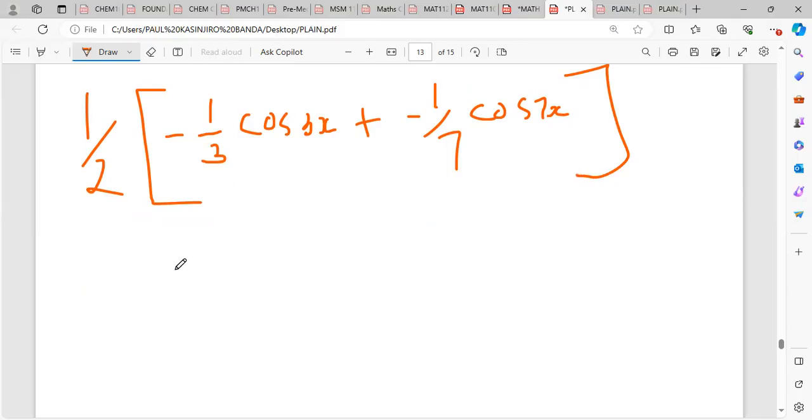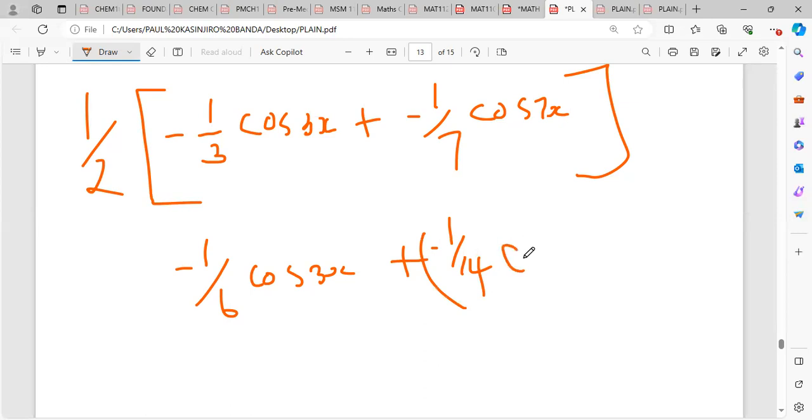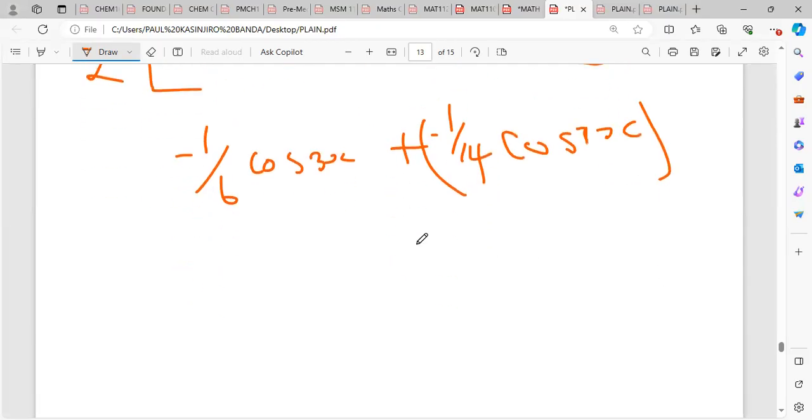It means we have minus 1 over 6 cos 3x, then plus 1 over 14, this is minus, then cos 7x.